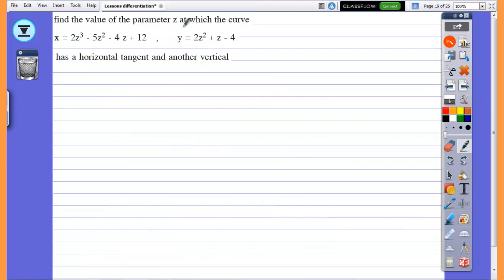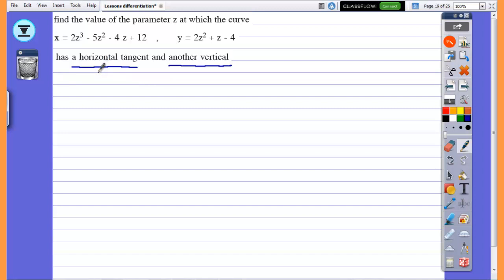Find the value of the parameter z at which the curve x equals 2z to the power 3 minus 5z squared minus 4z plus 12 and y equals 2z squared plus z minus 4 first has a horizontal tangent and another a vertical tangent. So we have two cases.